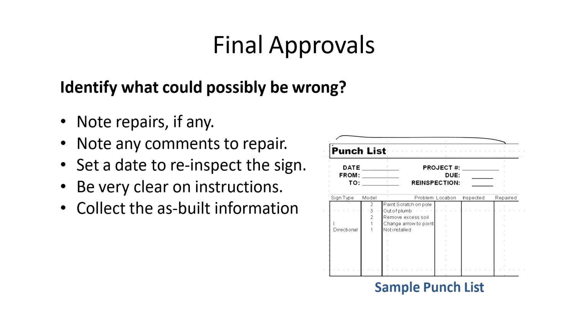This is an example of the punch form. We have to set follow-up dates and re-inspection to ensure that all the repairs are completed satisfactorily before the final sign-off. We have to provide clear instructions for any necessary actions to be taken based on the observations made during this inspection.